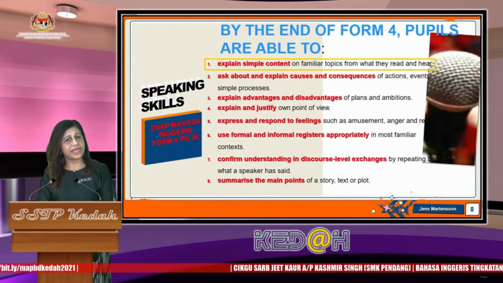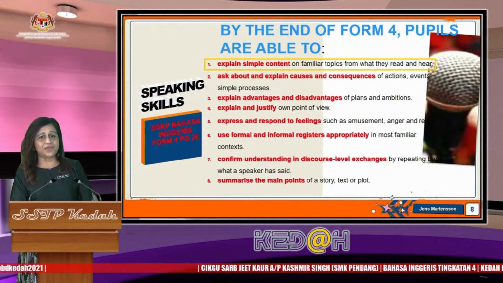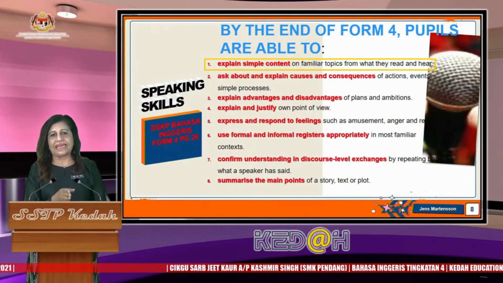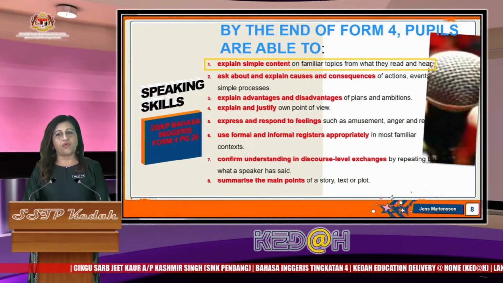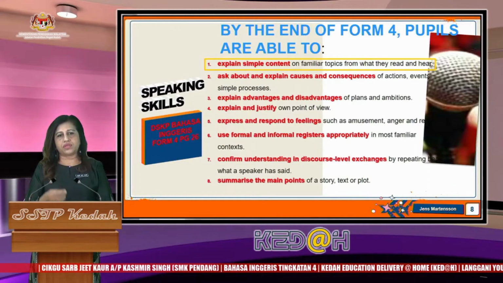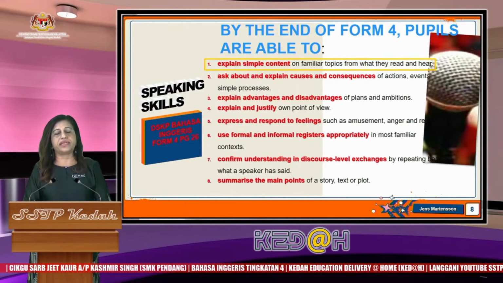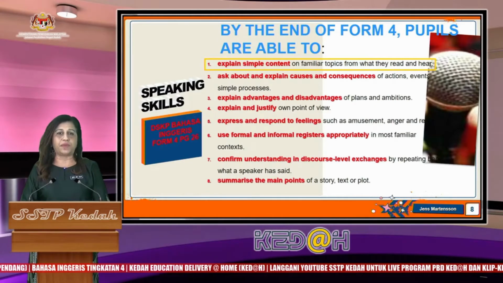Now, teachers, what is this? Well, please do not get worried with the long list of objectives there. This is what the pupils need to achieve by the end of Form 4. So you can see that I got this from the DSKP Bahasa Inggeris Form 4, page 26. You can find this in the DSKP Bahasa Inggeris under the speaking skills.